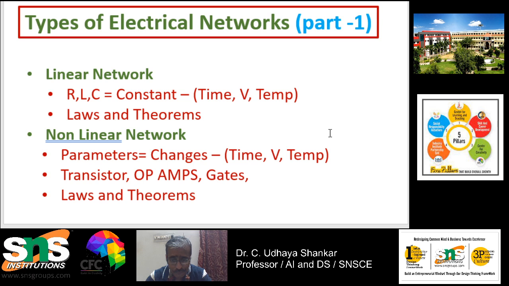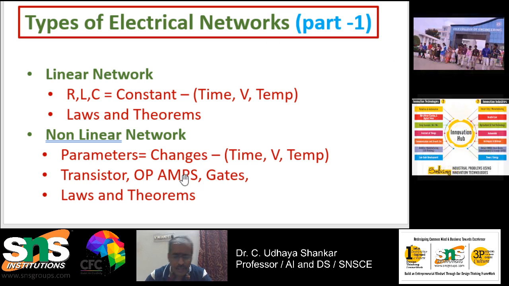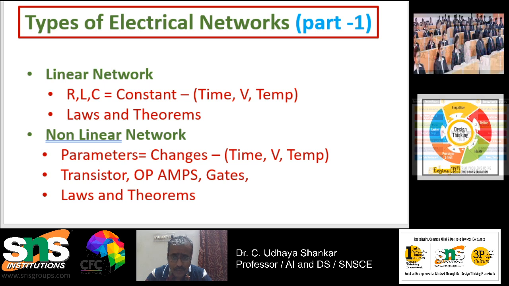Now we will move on to what a non-linear network is. It is just the opposite of the linear network. It is a circuit in which the parameters change their values with respect to time and voltage.